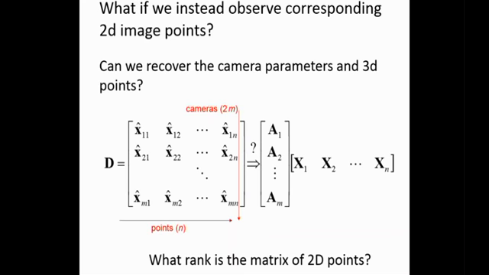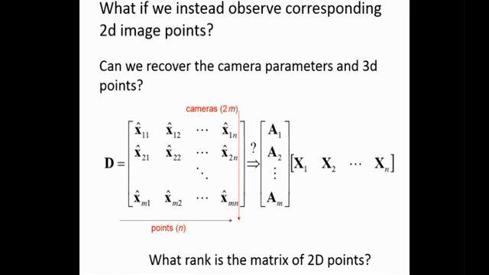The first one is the rank. So what is the rank of this matrix of 2D points? What is the maximum rank it could be? 3, right?